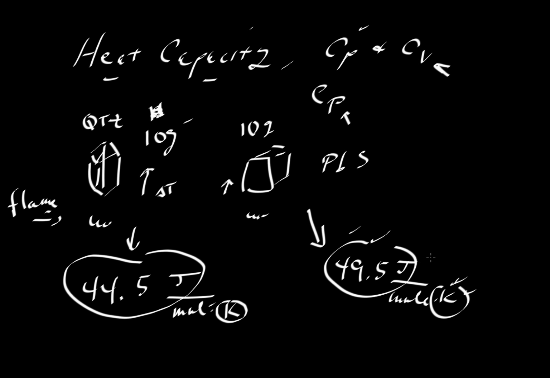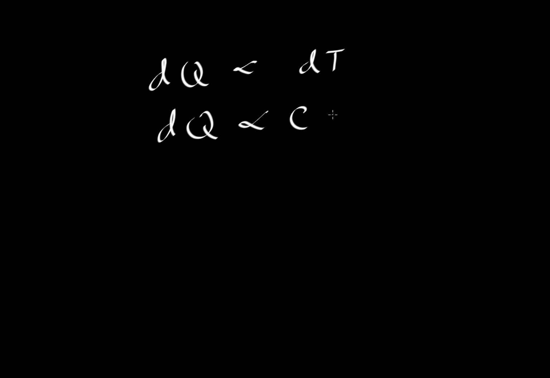So let's take a look at the theory. So this comes from the idea that any change in heat should be proportional to some change in temperature. And if we want to make these two things equal, we can add a proportionality constant, and we'll call it C. So we would say that C is what makes these two things equal.